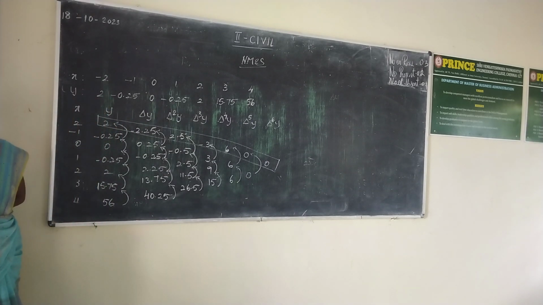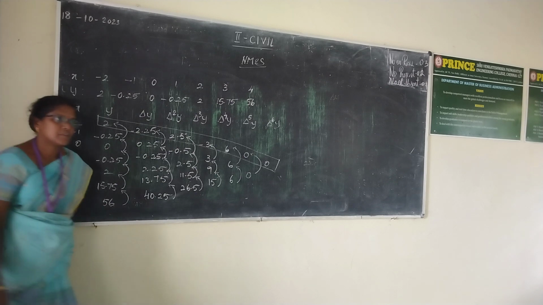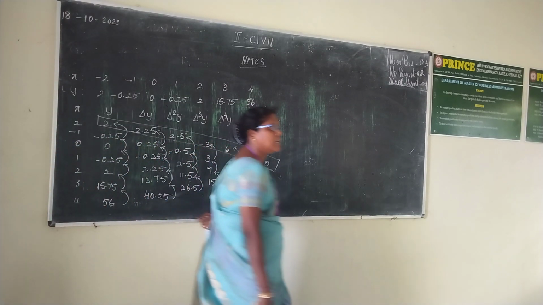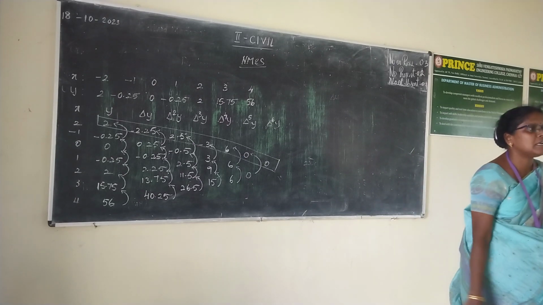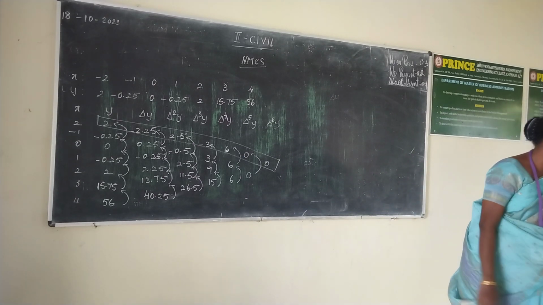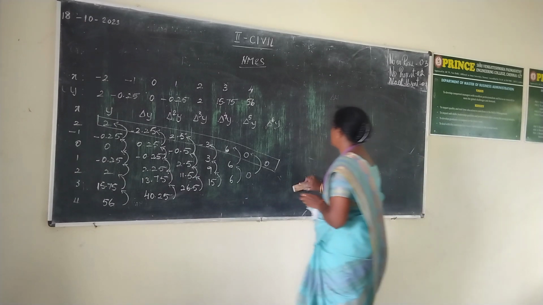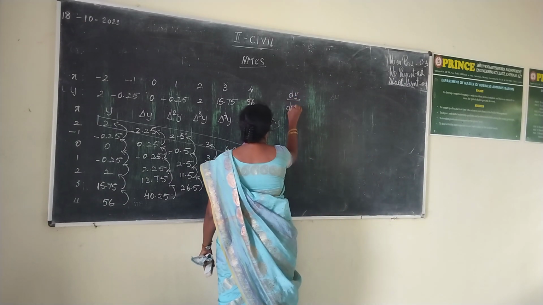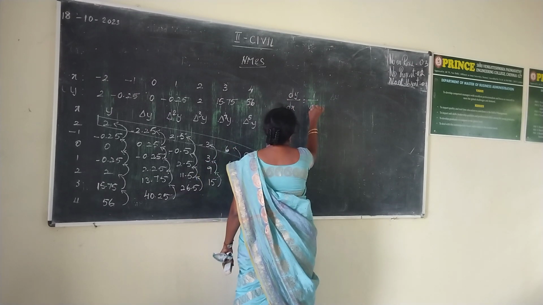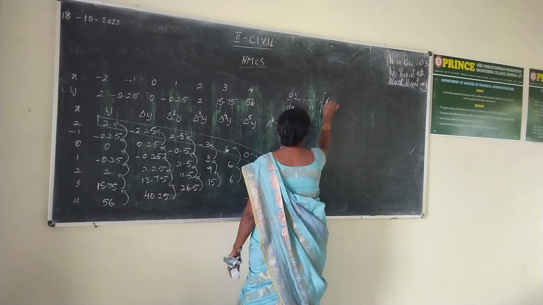Using NFIF, write your formula dy by dx. Using NFIF, dy by dx is equal to 1 by h. Don't forget that.